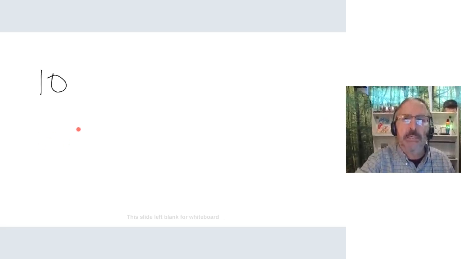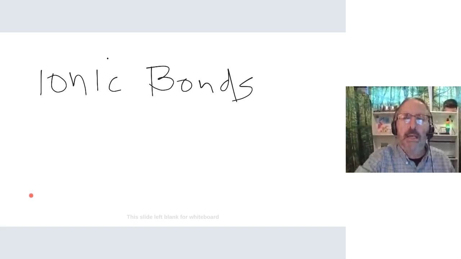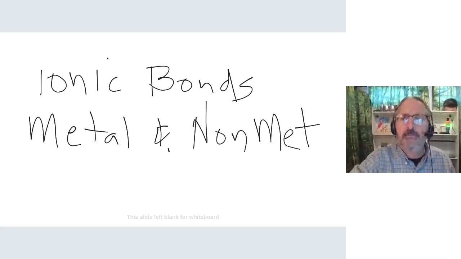So what we're going to do is go over some things. When we talk about ionic compounds, ionic bonds, remember, it's a metal and a non-metal. That was from last week. You've got to use the periodic table, right?